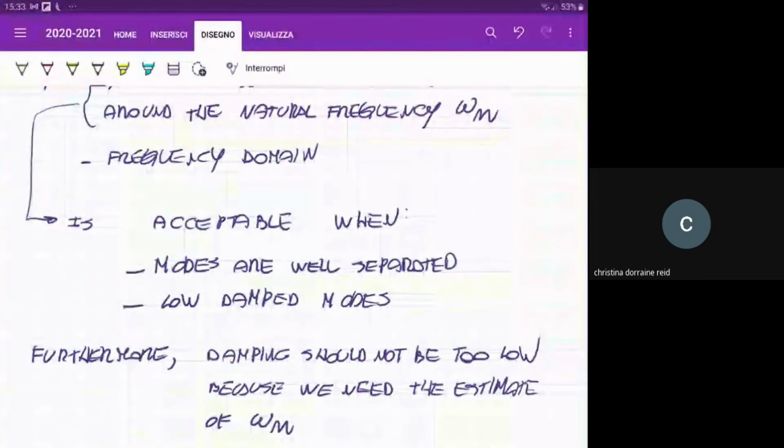Therefore, from the experimental point of view, we can have issues in finding the natural frequency, okay?